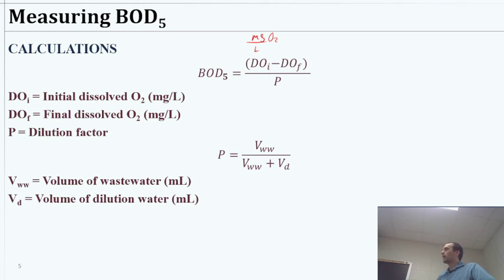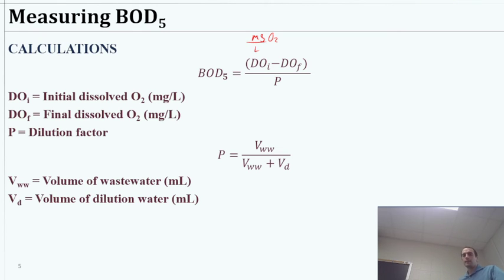And then we're going to divide that by the dilution factor if we've diluted it. So if we have no dilution, the dilution factor should just be 1. And we can just simply say, oh, it dropped 5 milligrams per liter of oxygen. That means we have 5 milligrams per liter of biodegradable oxygen-demanding substances.